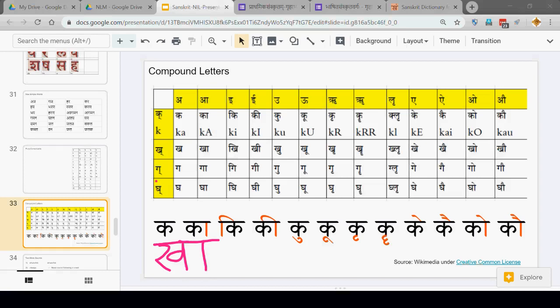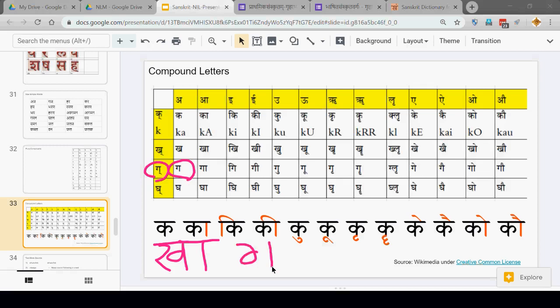So the same thing we saw here, the g sound. We did the same thing here, g, slant line at the bottom, and with the addition of a sound, ga.